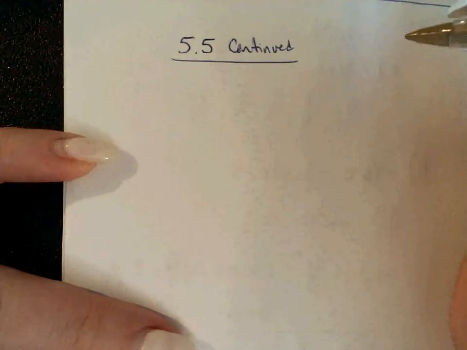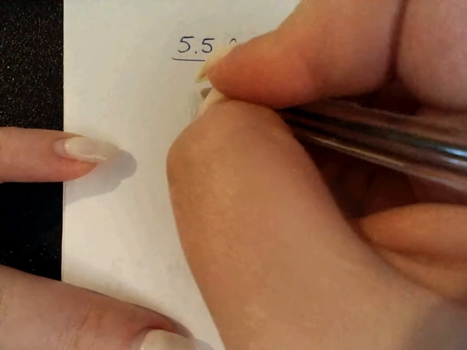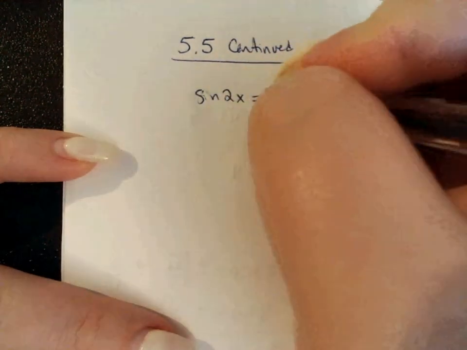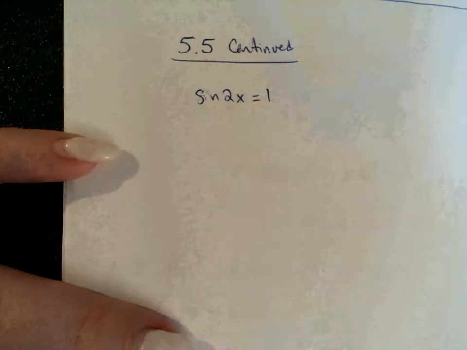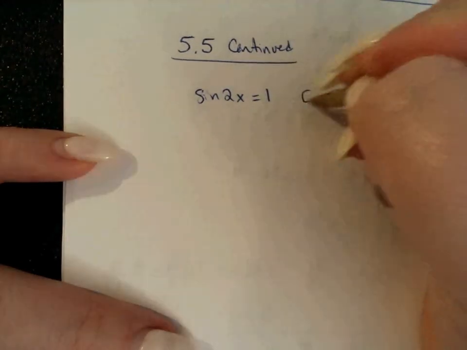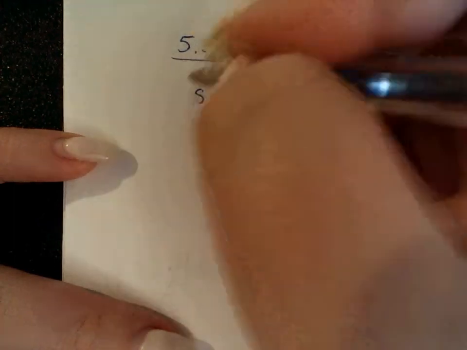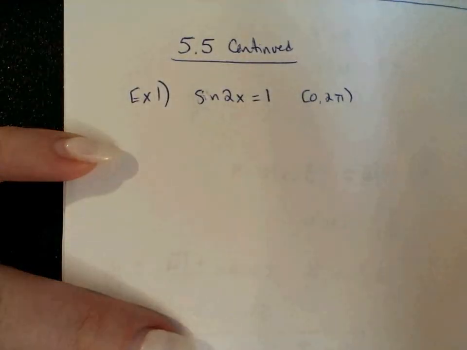So if I asked you to find sine of 2x equals 1, or find the angles for which sine of 2x equals 1 on the interval from 0 to 2 pi, then there's a couple different ways to do that.